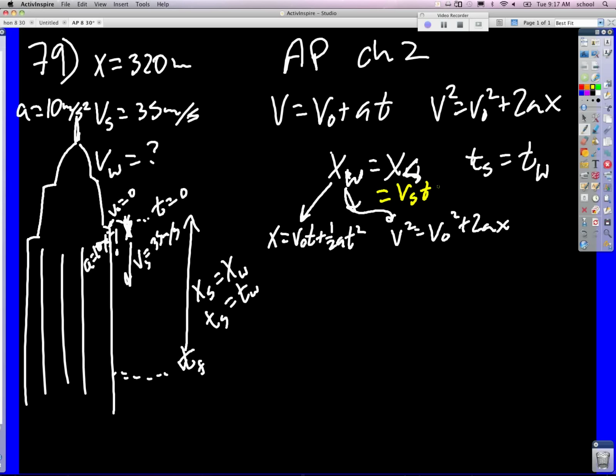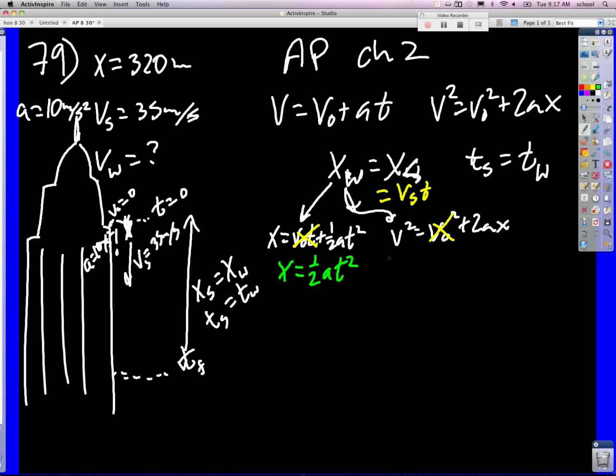Because the watermelon started at rest. Well, if I look at this then, if I don't know, what the heck, this becomes 1/2 at squared. This becomes v squared over 2a.